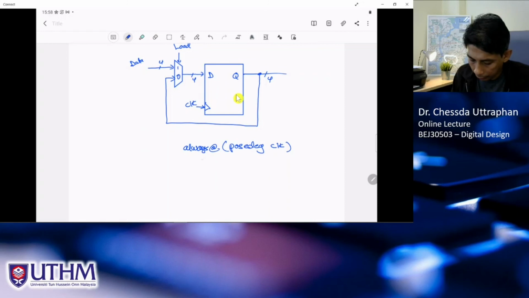So now we have, if load equal to 1, then Q should be equal to data.